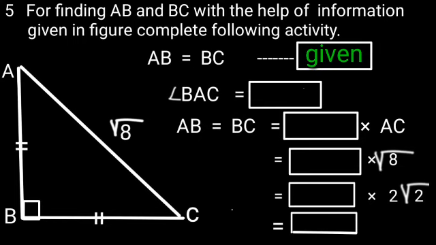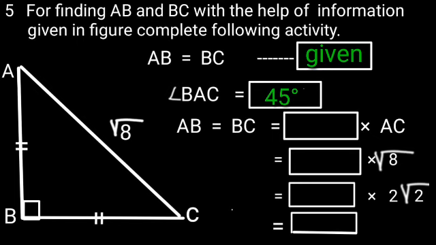Addition of the three angles of a triangle is 180. And we have given B is 90 degrees. Hence, the addition of these two, angle A and angle C, is also 90 degrees. And both are equal. Hence, angle BAC is equal to 45 degrees.